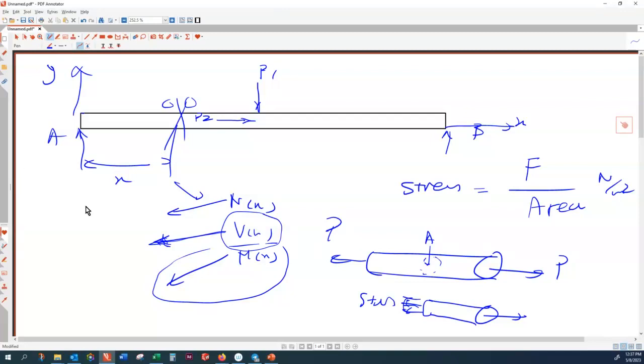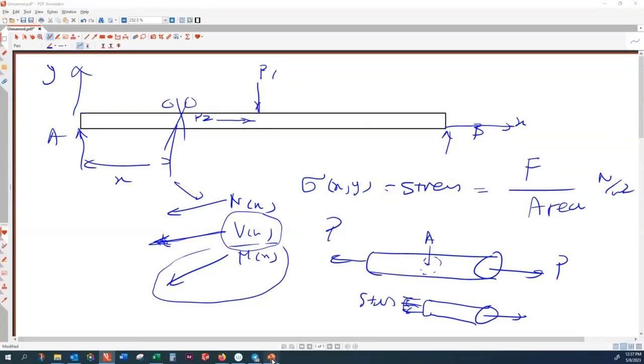Average means the stress is uniform over the entire section. But in some cases like bending, the average stress is not useful. The stress would change for different values of y. And we show that by sigma being a function of not only x, but also y.